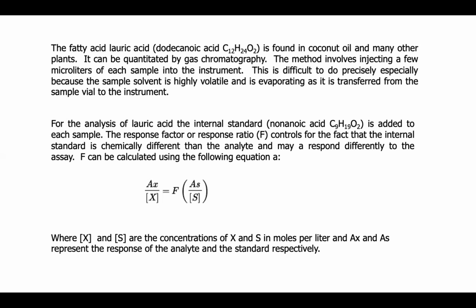So this is difficult to do precisely, especially because the sample solvent is highly volatile and is evaporating as it is transferred from sample vial to the instrument. Yeah, probably we are using autosamplers, but still, because it's highly volatile, you might miss some amount.